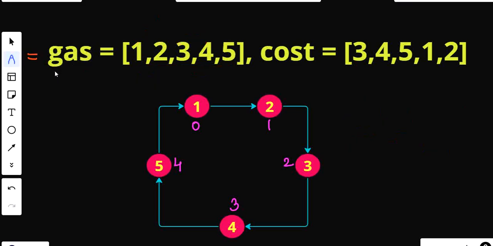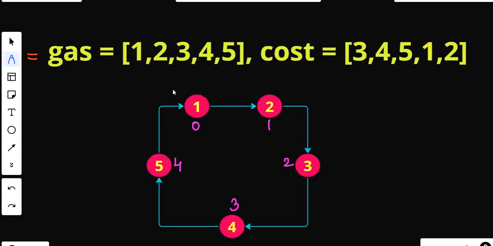As we have already drawn this gas array in the form of a circuit, these pink values are the indexes, representing the gas stations, and the nodes represent the amount of gas at these stations. So now let's start with index 0 first, and we'll see how we can come up with the accurate index from where we can start our circuit traversal.